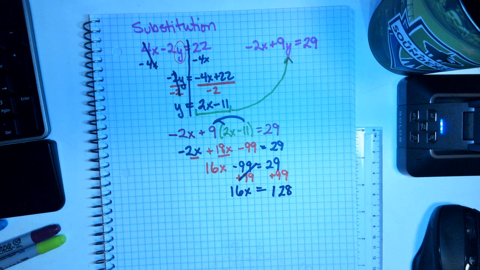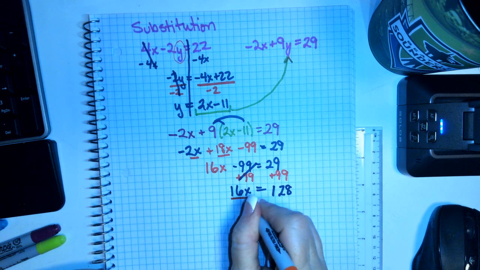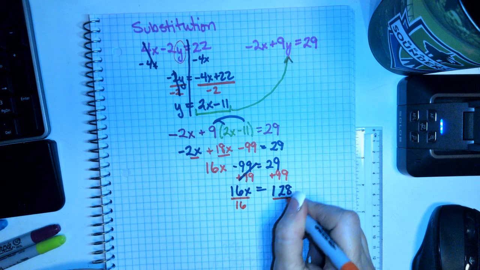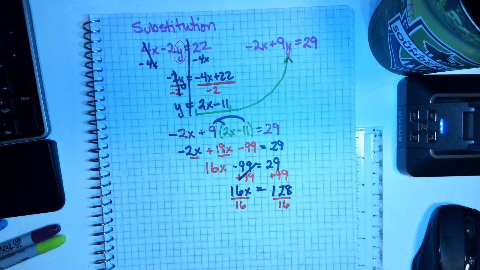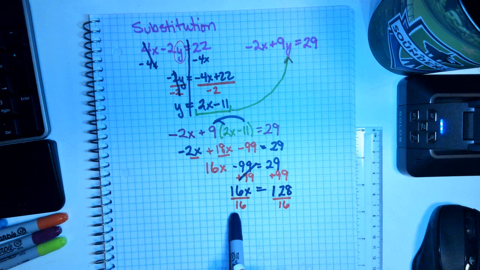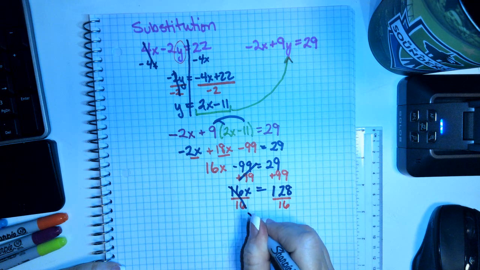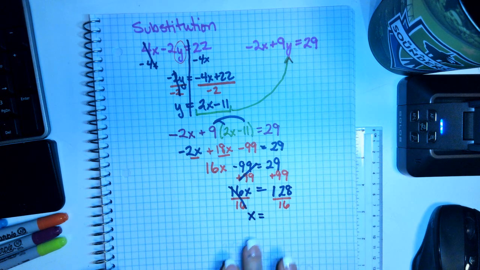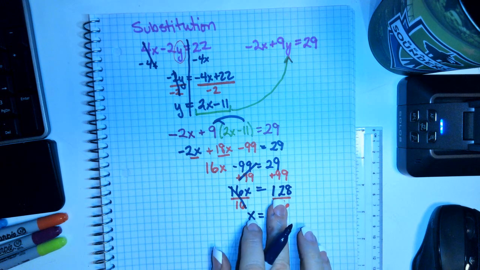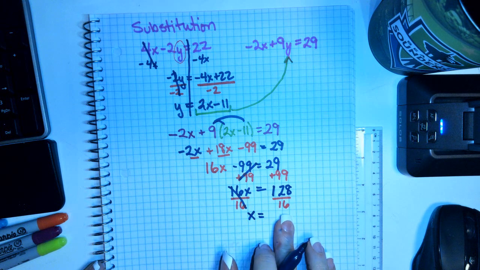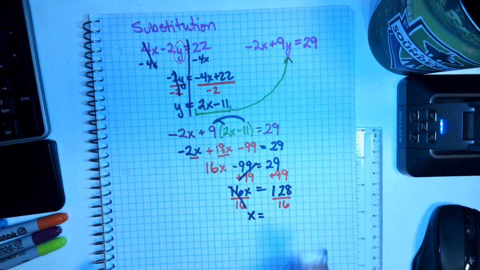Now, dividing both sides by 16. So I have 16 divided by 16. That's 1. So now I just have x. And here I have 128 divided by 16. Well, that just happens to be 8.